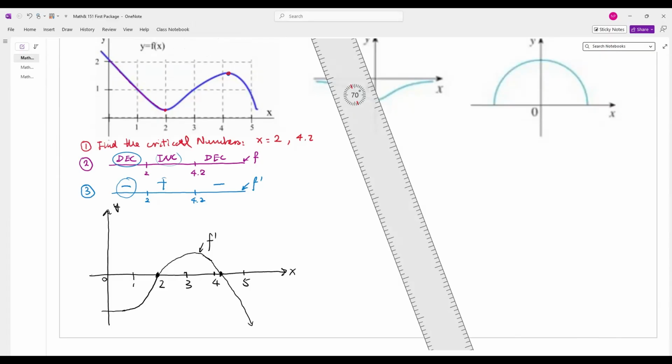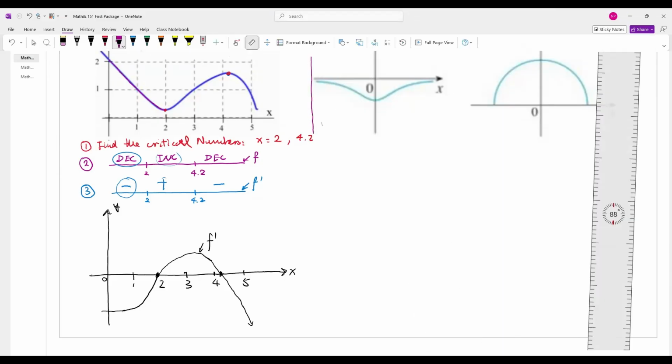Okay, so now it is your turn. Go ahead and try the next two examples. Critical number x equal to 0.